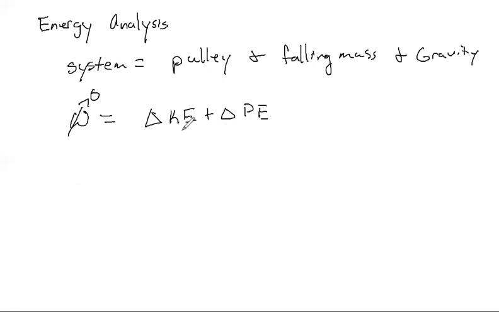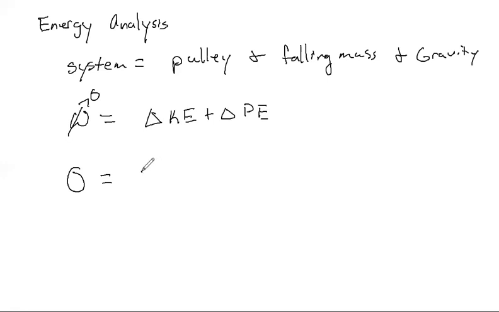So now I just need to write down what this implies. The only real trick is that kinetic energy is the total kinetic energy, and I have to remember that there are two possible types of kinetic energy, both linear kinetic energy in the falling mass and rotational kinetic energy in the pulley system. So I find 0 equals final kinetic energy minus initial kinetic energy. Well, since it starts at rest, the initial kinetic energy is 0.